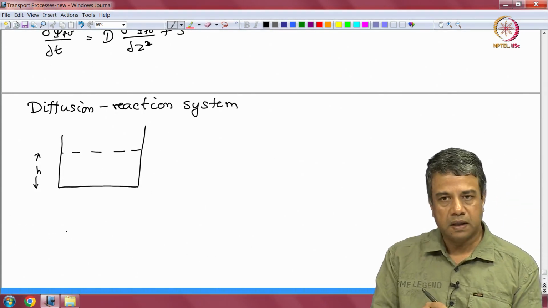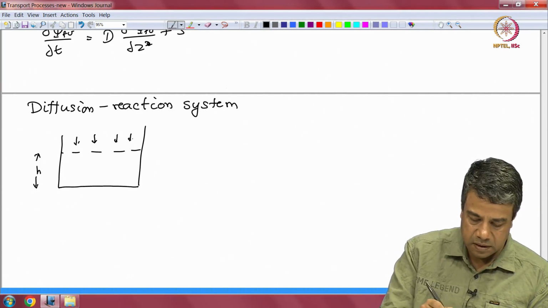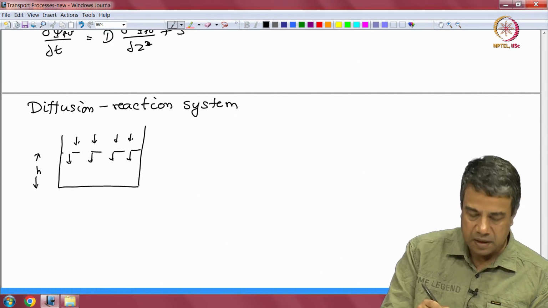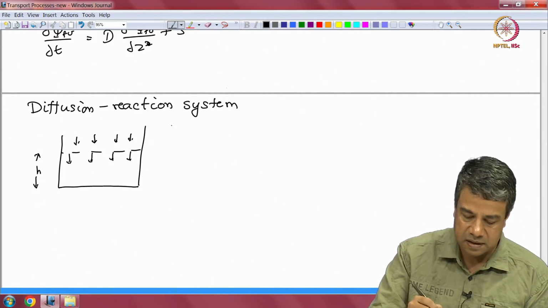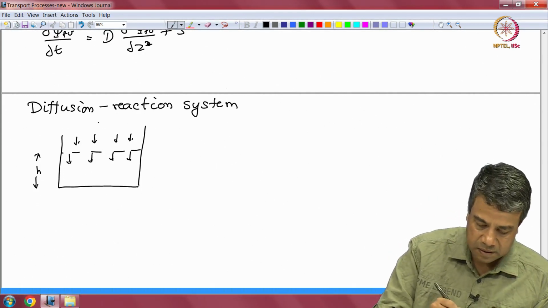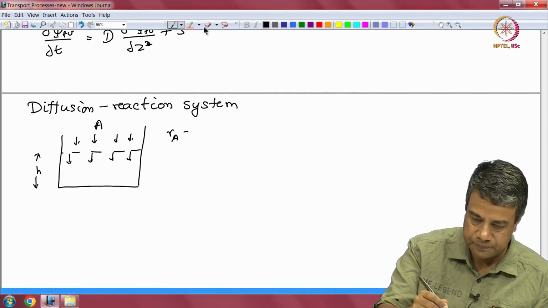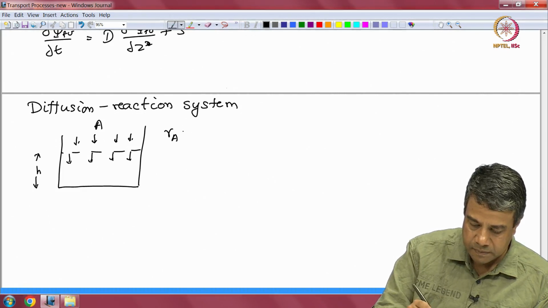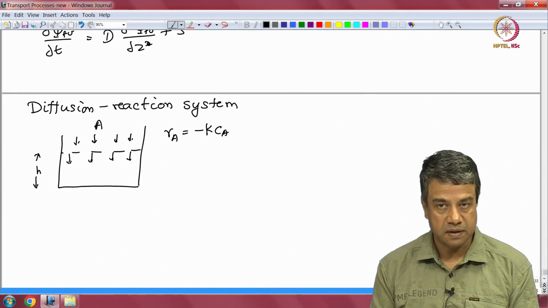And you have a reactant in the gas phase that is diffusing into the fluid and reacting. So, it diffuses into the fluid and it reacts with a reaction rate for reactant A, say, R_A equal to minus K C_A, where K is a first order rate constant.